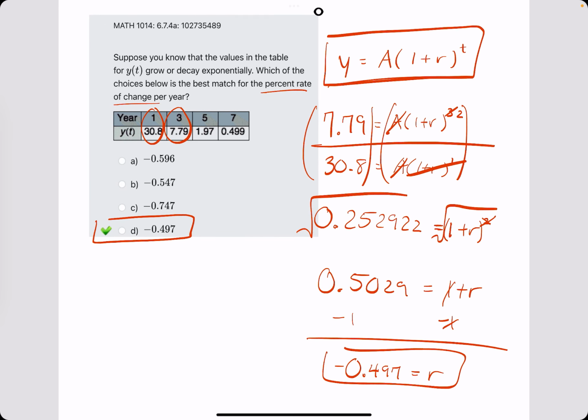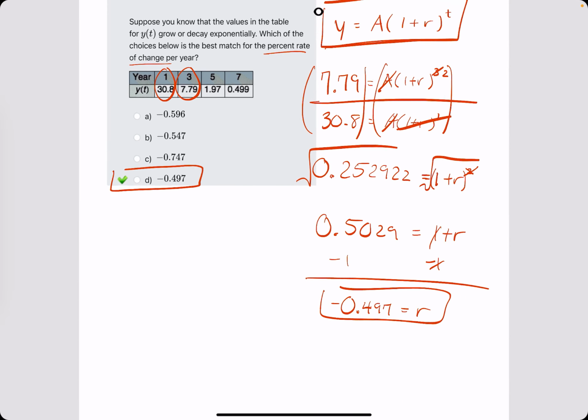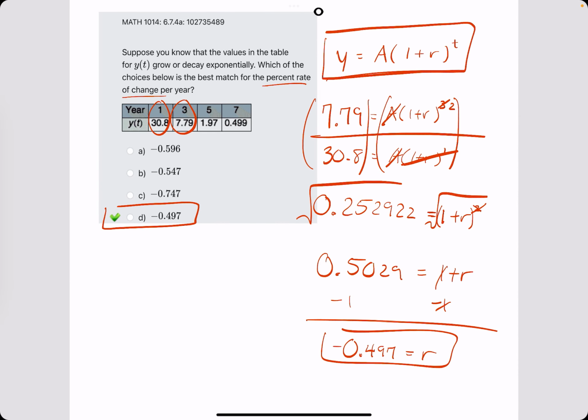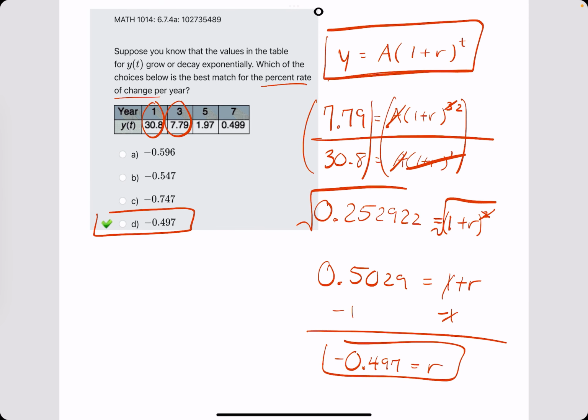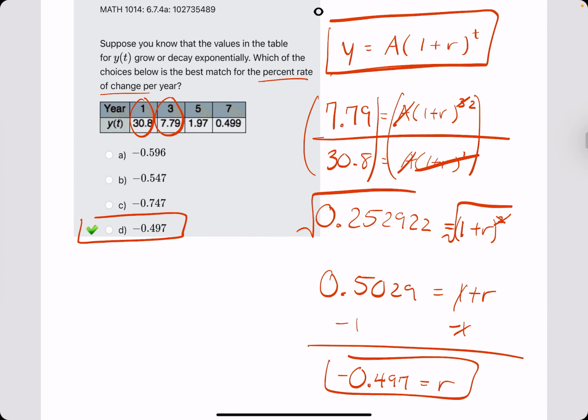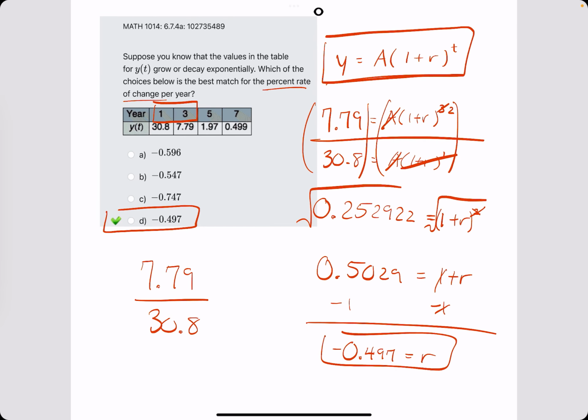I'm going to do 2 more examples, and I'll show you how to do this same thing in a shortcut-y sort of way, so we don't have to write out all this stuff every time. To apply the shortcut to this one, all you have to do is take this number, divide it by this number, and then however far apart these two numbers are, 1 and 3, will tell us what sort of root we have to take.